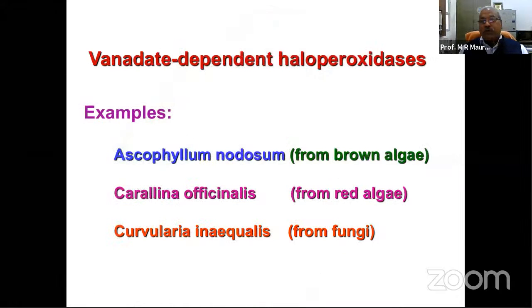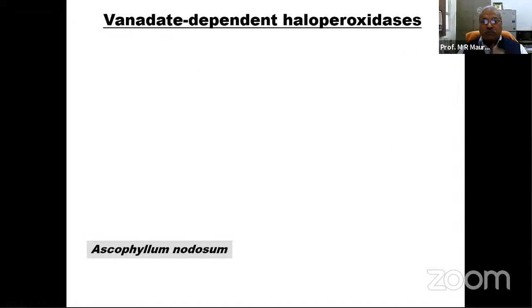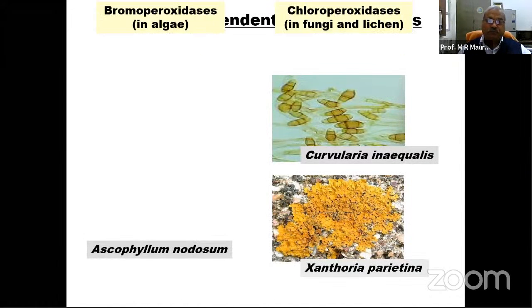So when you look at the haloperoxidases, so far 3 enzymes have been isolated, from brown algae, red algae, and fungi, and the names are given here. I will not go by the names, I just want to show you what the real structure available is and where they are coming from.